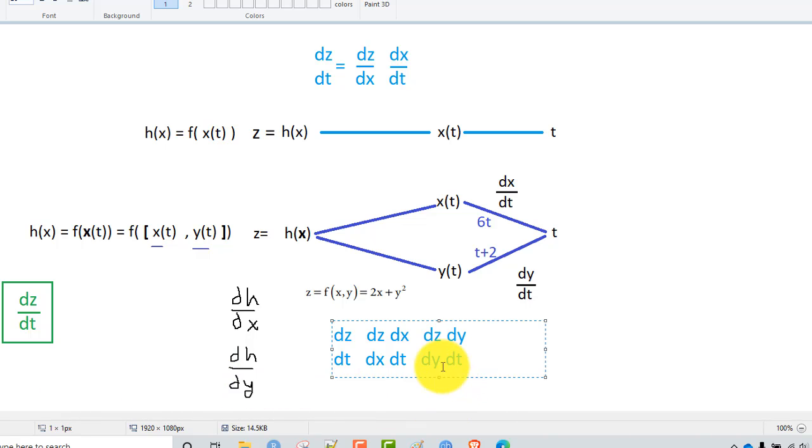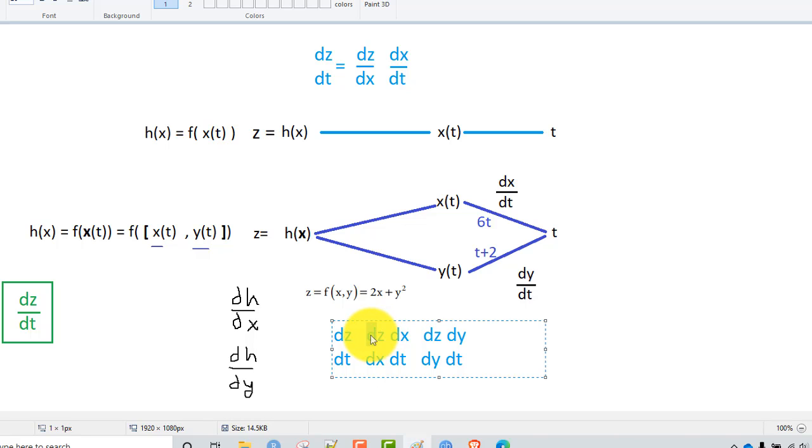So we might expect it to look something like this. We have dz/dt, dz/dx, dx/dt, and then somehow else we have to have dz/dy, dy/dt. But there's something wrong with this besides the fact that I don't have any bars here or plus signs or equal signs. So what else is wrong here? Well, this symbol is wrong here.